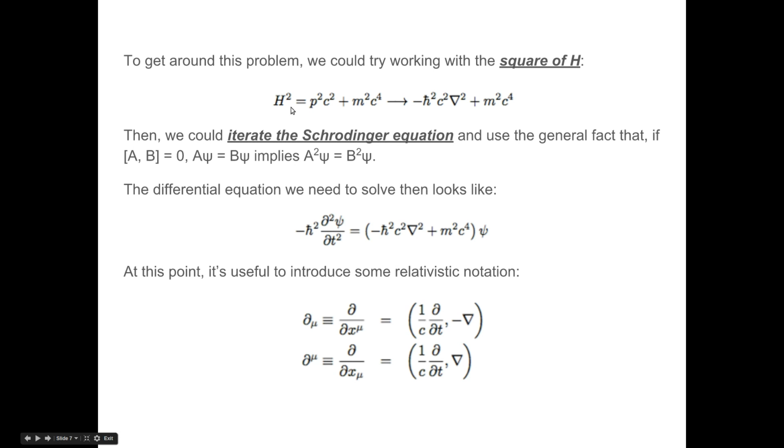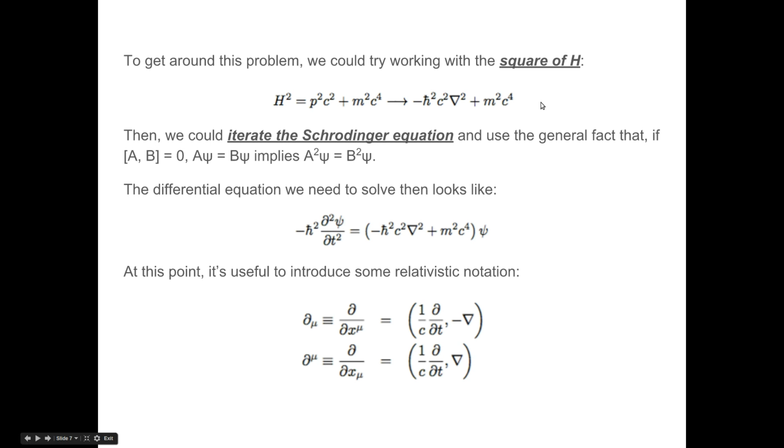So the H squared would be, in momentum space, it would look like this, or in position space, it would look like this, right? And so what you can do is try to iterate the Schrodinger equation. In other words, you take i h bar d by dt on psi, H psi, and then do it again. So on the left-hand side, you'd end up with minus h bar squared del squared by dt squared, and on the right-hand side, you'd end up with this stuff operating on psi.